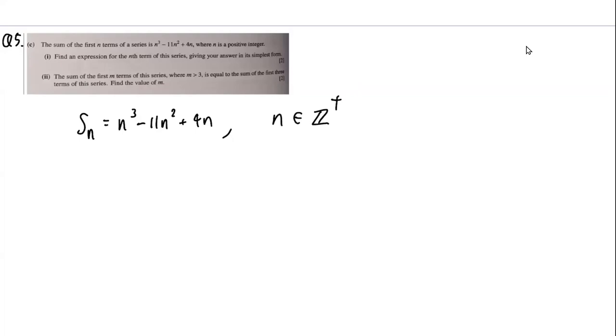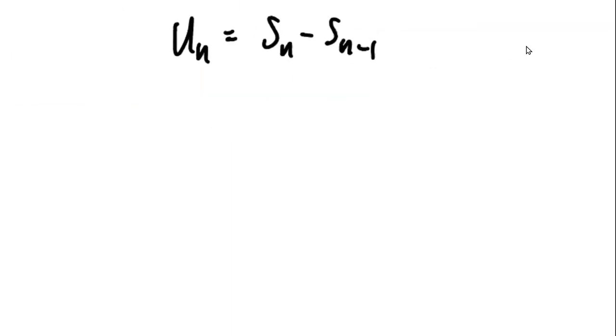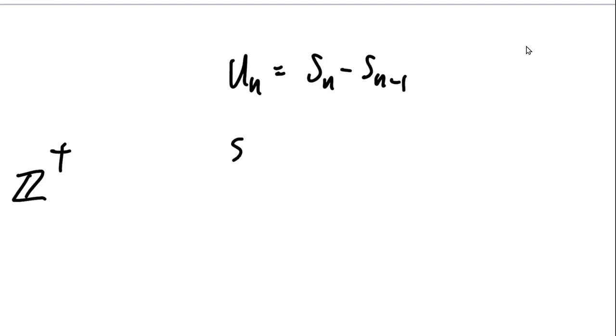The key trick you need to know here is that Un, the nth term, will always be Sn minus S(n minus 1). So for example, if you have Sn equals the summation from r equals 1 to n of, let's say, 5r minus 2, what does that mean?